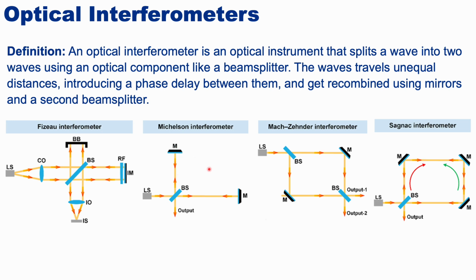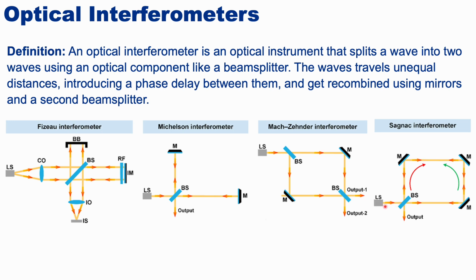In the Michelson, you have two mirrors that reflect back, but you can replace one of the mirrors by a reflective source. And definitely you can make it a little more complicated by putting some optics in the middle. The Mach-Zehnder is basically that you have the beam splitter, and then each of the waves gets reflected by a mirror, and you use another beam splitter to combine them.